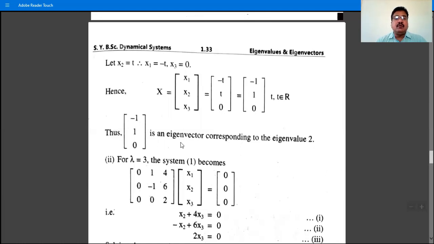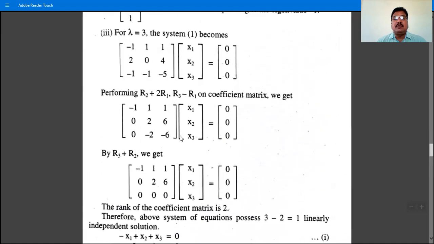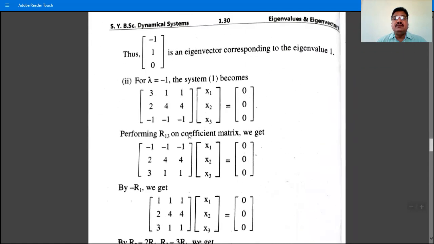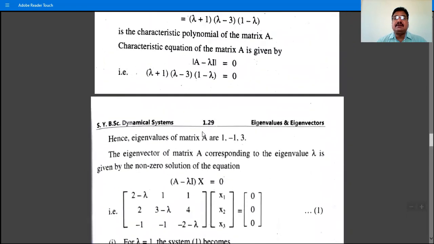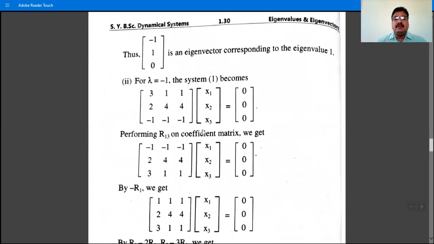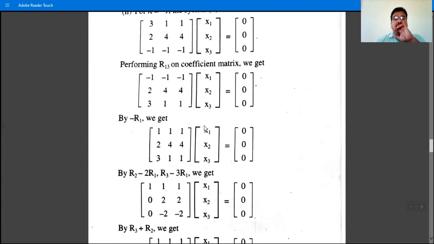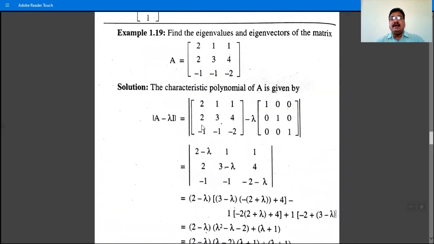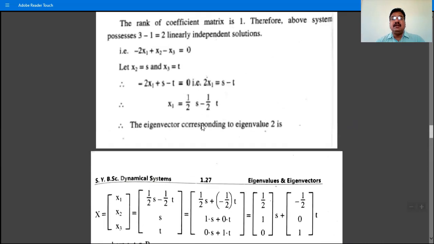So corresponding to one eigenvalue, sometimes we have one linearly independent eigenvector, and sometimes we have 2 linearly independent eigenvectors corresponding to a single eigenvalue. If you observe the previous example, in one example we had 2 linearly independent eigenvectors corresponding to a single eigenvalue. So corresponding to one eigenvalue, we may have 1, 2 or 3 linearly independent eigenvectors.